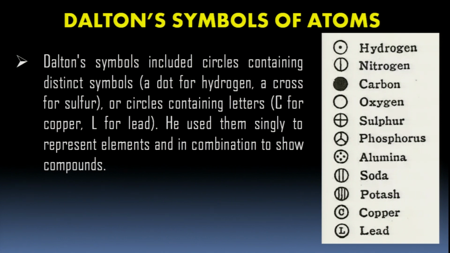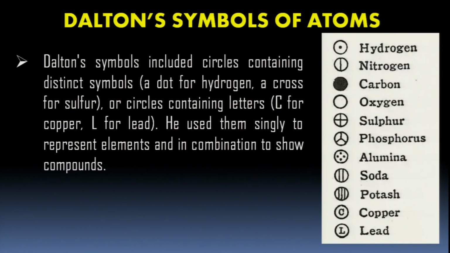Inside the circles, you have dots and some other notations also. See here, a dot for hydrogen. Inside the circle, a cross for sulfur. All of you look at the screen. If you want, you can note it down also. Children, you have these symbols in your NCERT books also. Don't worry. You can just listen to me and look at the screen.